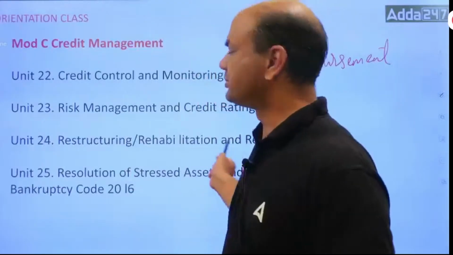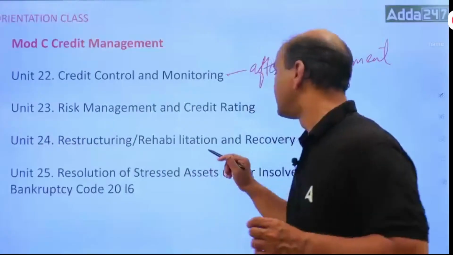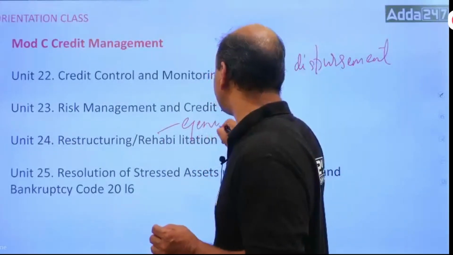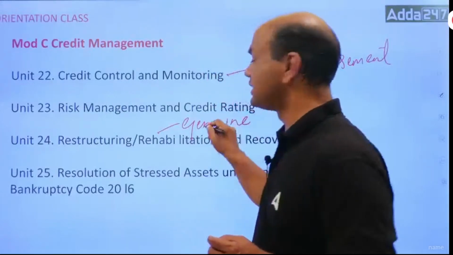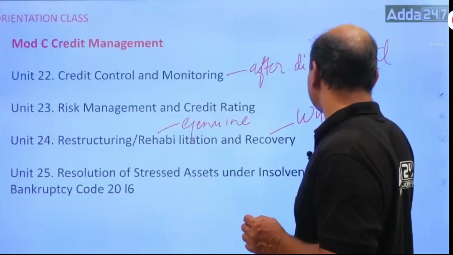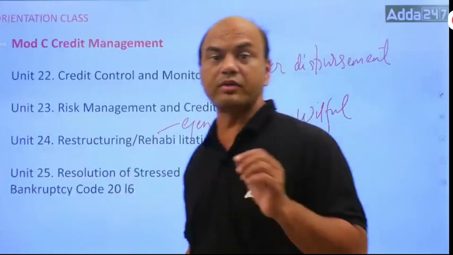Restructuring and rehabilitation. This is specifically for NPA loans. This is for genuine defaulters, anyone who is a defaulter because of situation. And this is for willful defaulters, who have the money but are not giving.